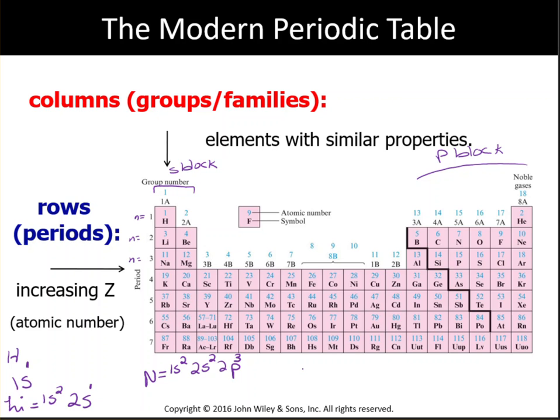Now let's look at magnesium, for example. Magnesium is in period 3, meaning that the first energy level and second energy level should be completely full. Magnesium is in the third energy level. Magnesium is an s block element, and magnesium is the second element of the s block elements. So that's the electron configuration of magnesium.